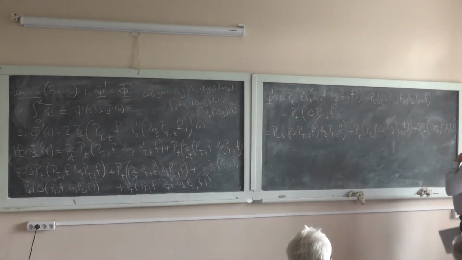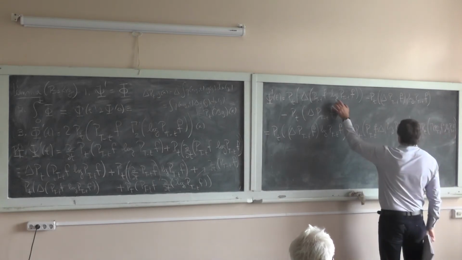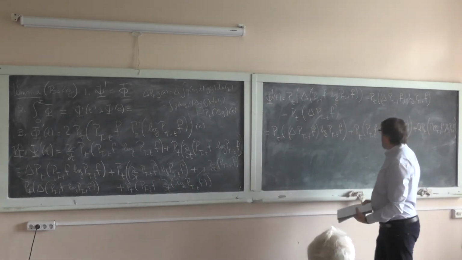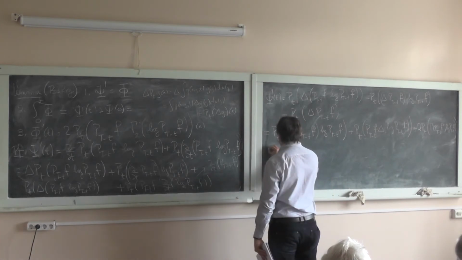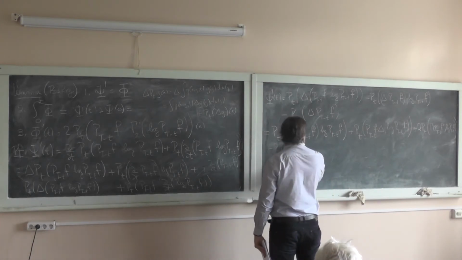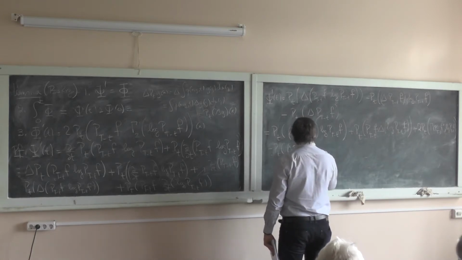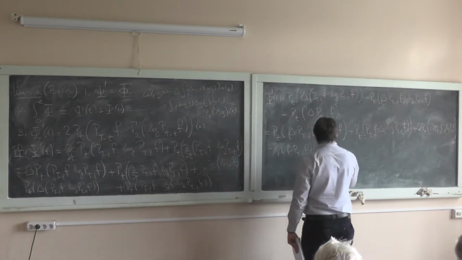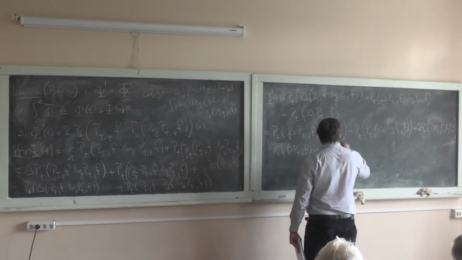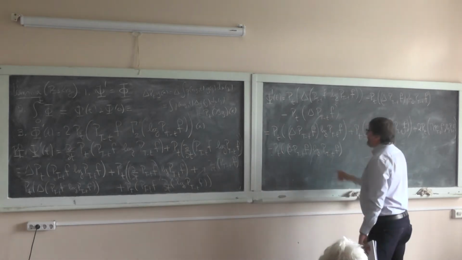Okay? So that takes care of the first term. Then we have the second term, which is minus pt Laplacian of pt minus t f times the log of pt minus t f. And then we have the third term.